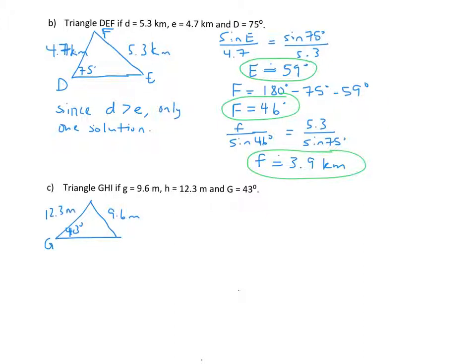So let's check and make sure that it is long enough. This will be G, H, and I. So let's check H times sine of G to see, is that side 9.6 going to be long enough to create a triangle? So 12.3 times the sine of 43 degrees.